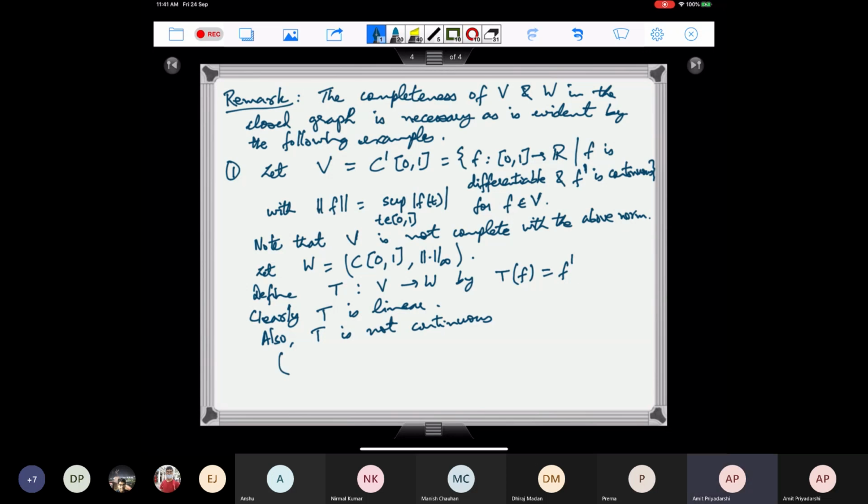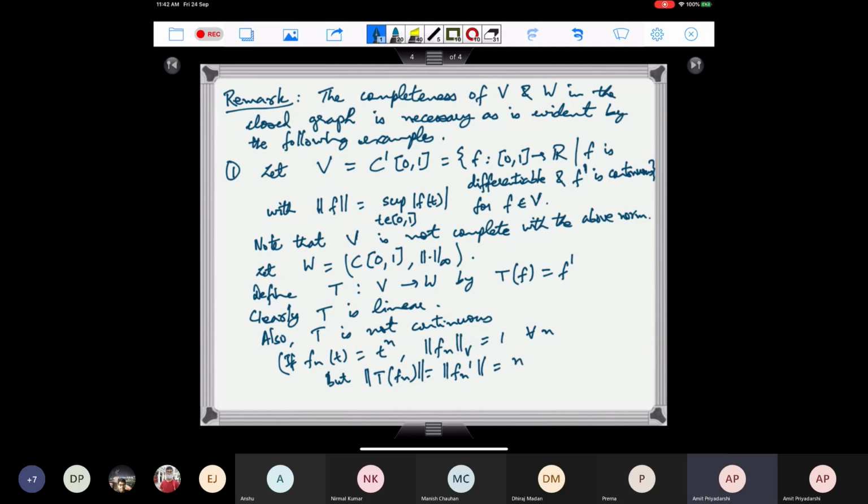This is because if we take f_n(t) equal to t^n, then the norm of f_n, this is in V, is equal to 1 for all n, but the norm of T(f_n), this is the norm of f_n prime, and f_n prime(t) is n t^(n-1), so this is equal to n.